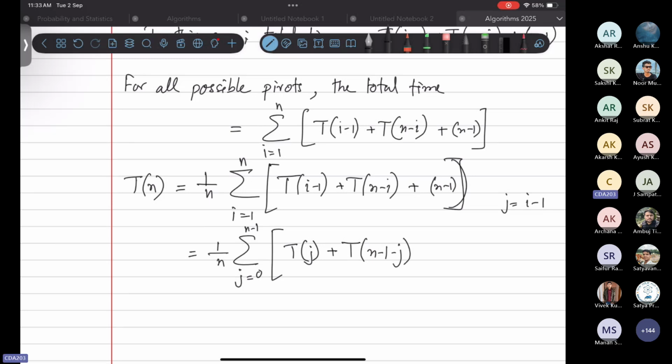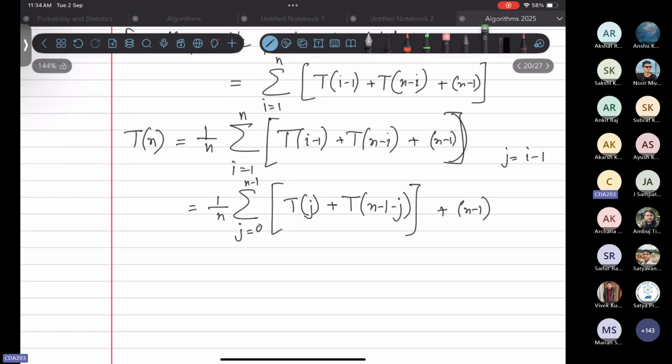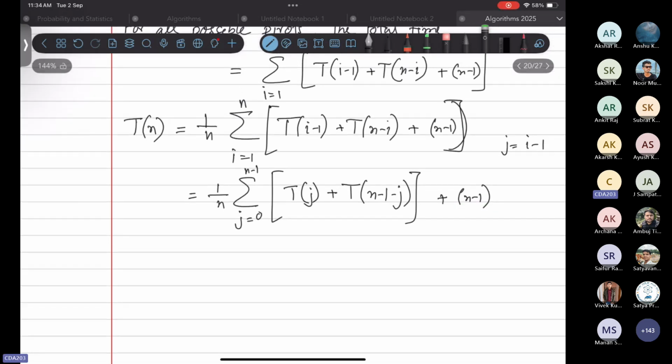I can take the n minus 1 out, so plus n minus 1. I'm summing it for n values, so that will be n times n minus 1, divided by the 1 by n, so it will be n minus 1. Now, what are the values that this is getting?